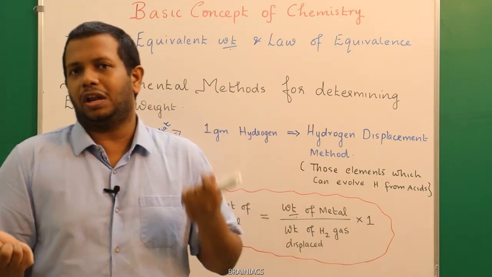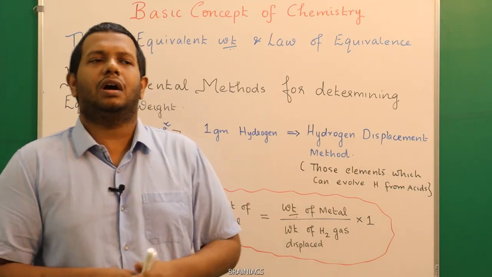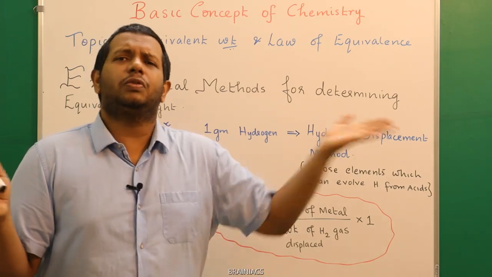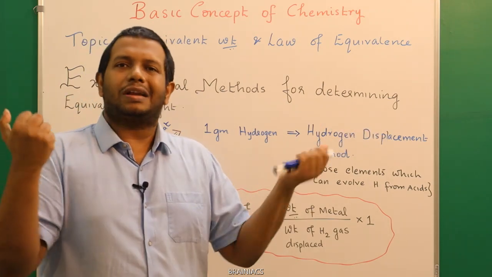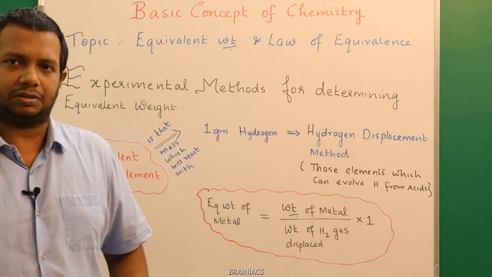Take that new element, which you don't know, and you have measured its mass also. On measuring, you have taken 250 gram. And you have taken 1 gram of hydrogen. Now try to react this 1 gram of hydrogen with the 250 gram of this element.